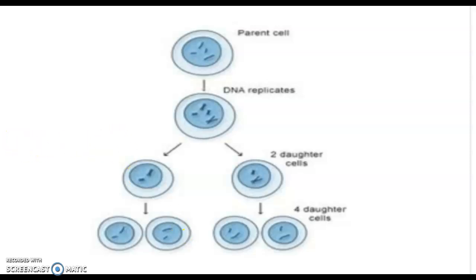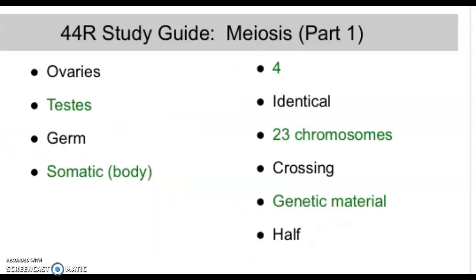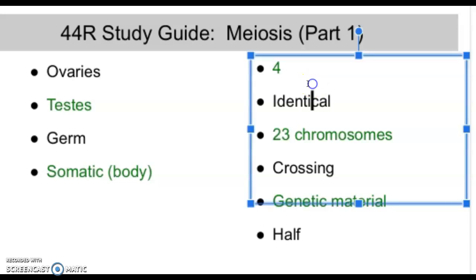So if we go back to our notes, we're going to fill in some more blanks. It says, at the end of meiosis, there are 4 daughter cells. These daughter cells are not identical. Okay, they're different. Each daughter cell will have half the amount of chromosomes. So it will have 23 chromosomes each.